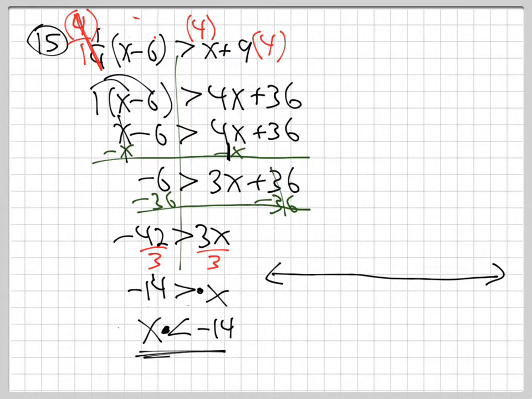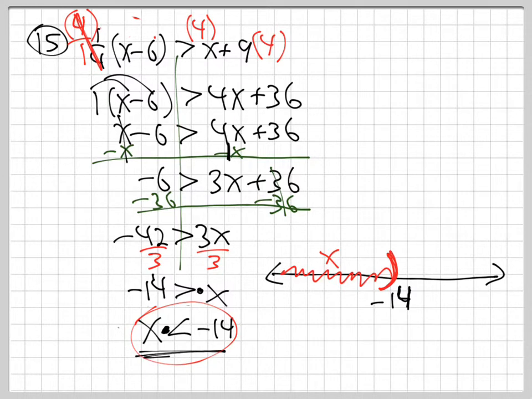Now it's easy to go to the number line, right? We'll put negative 14 on the number line. Am I going to shade the left side or the right side? The left, because x is smaller. X is over here, smaller than negative 14. Parenthesis or brackets? Parenthesis, because there's no bar, no brackets.